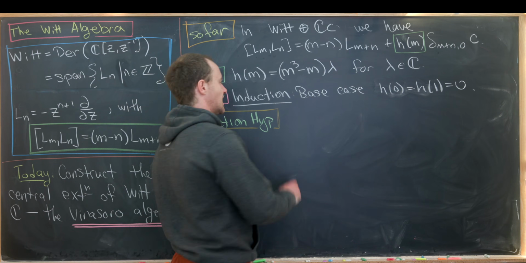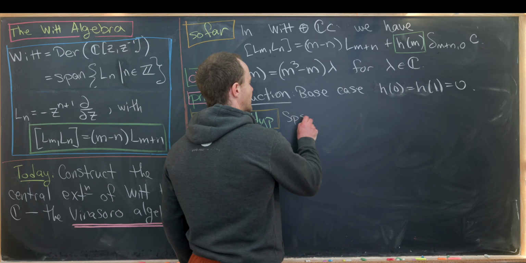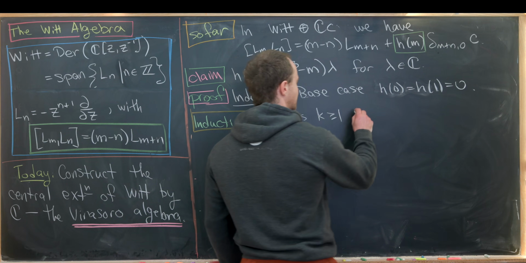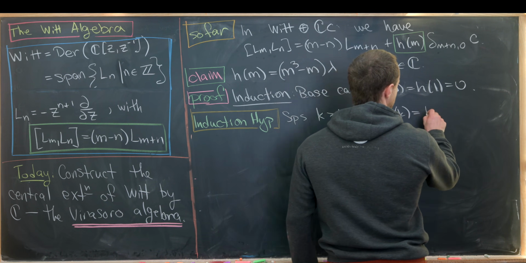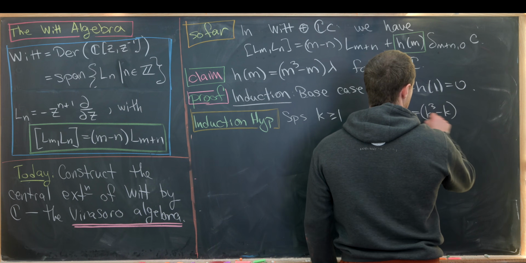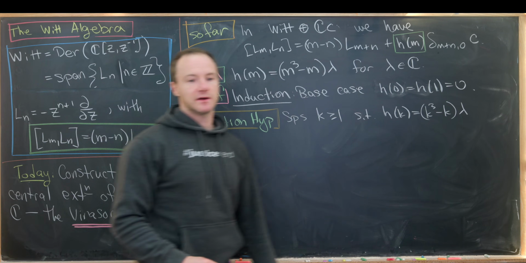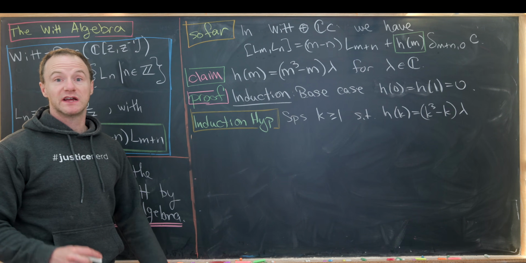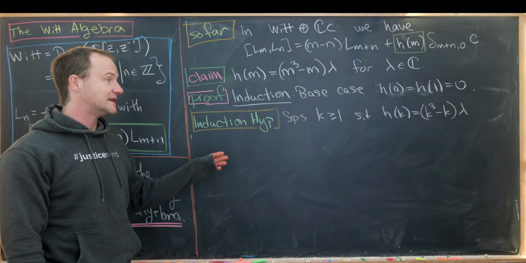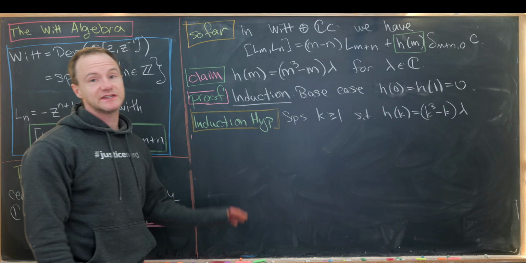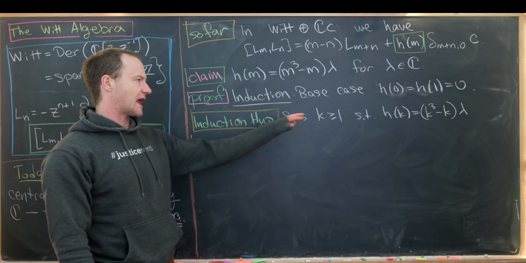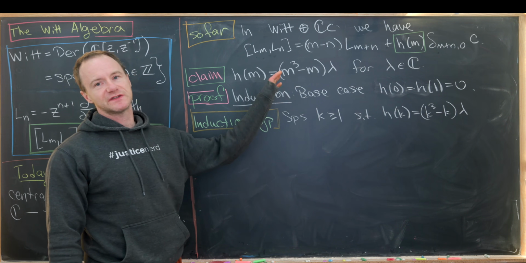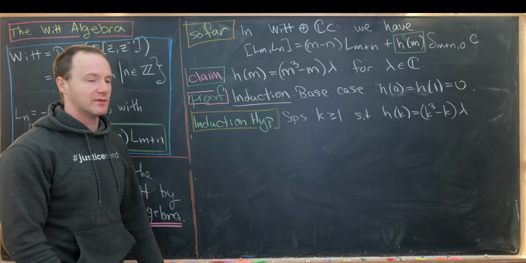Okay, so our induction hypothesis will be that we have some k, which is bigger than or equal to 1, such that h of k is equal to k cubed minus k times lambda. And then from there, we'll consider the next case. And in order to consider the next case, we need to look at the Jacobi identity included in our H map, which is defined in terms of our F prime map.